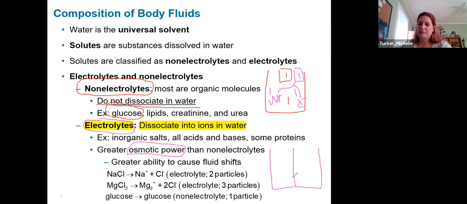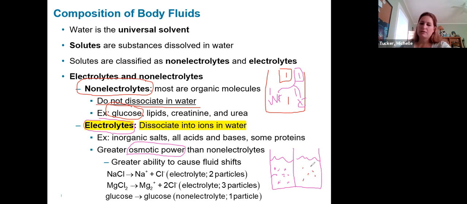If we have a semi-permeable membrane, like a plasma membrane, and we have water, and we put salt in one side and glucose in the other, and we start with the same concentration, we would have twice as many particles on the salt side as we would on the glucose side, because glucose doesn't dissociate.